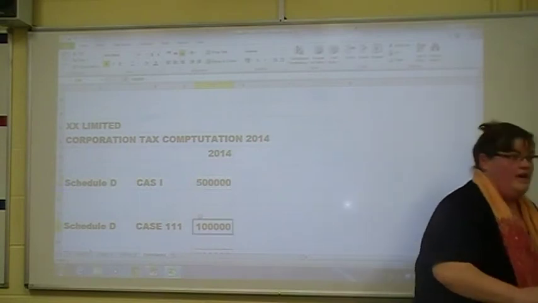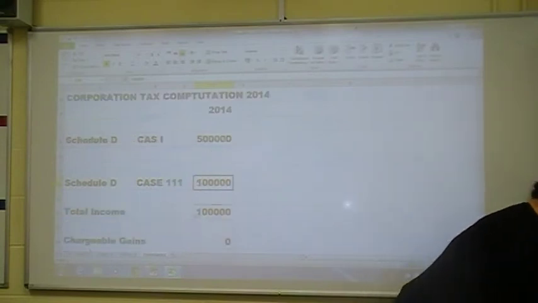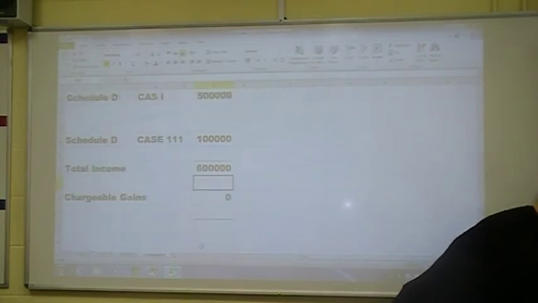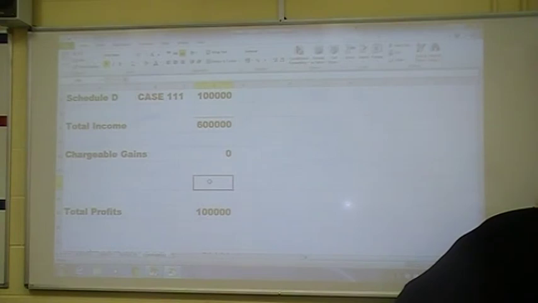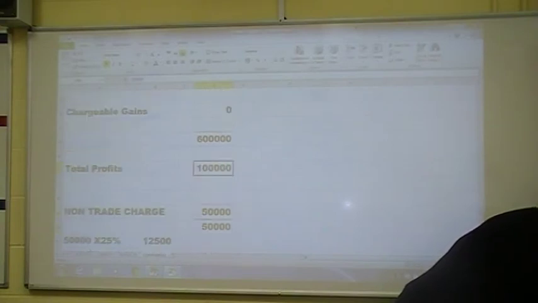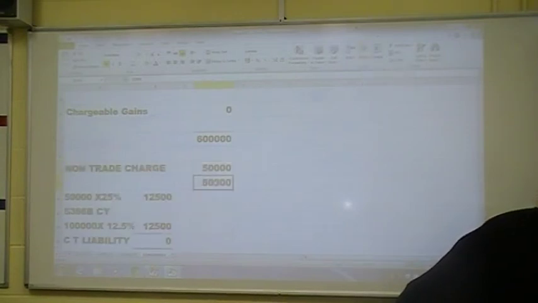And exact same, our case 3 is 100,000. Our total income then is 600,000. Charge again 0, giving us 600,000 here. Our non-trade charge is 50, bringing us down to 550,000.